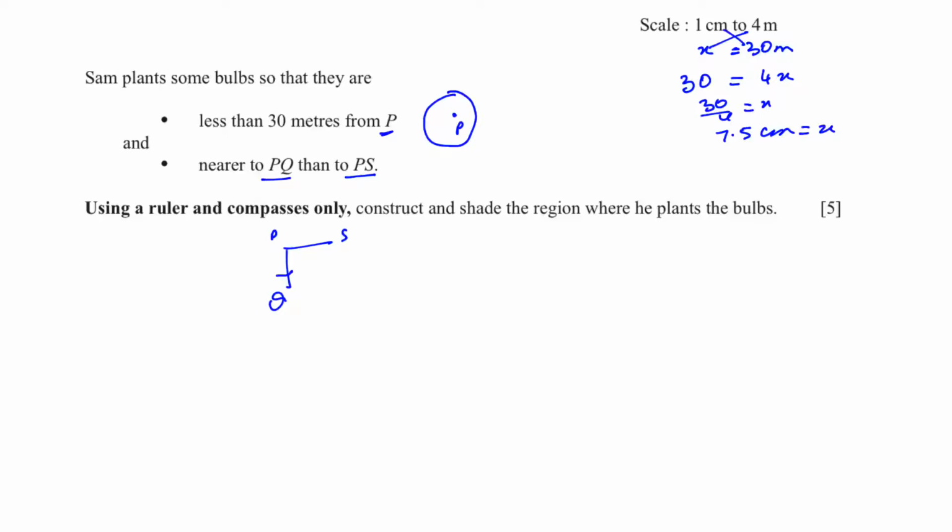We make an arc here from P, make an arc here and make an arc on PS. Then from the PS arc, draw an arc in the center, and from PQ draw an arc cutting that previous arc. Join the point P with the center of the arcs. That is how you draw the angle bisector of two lines.